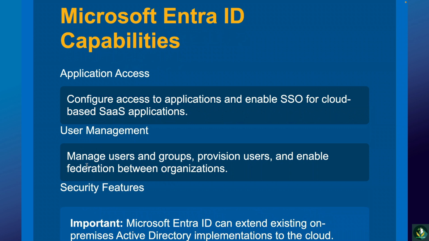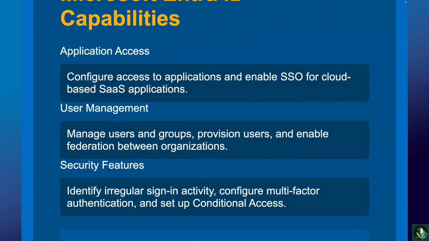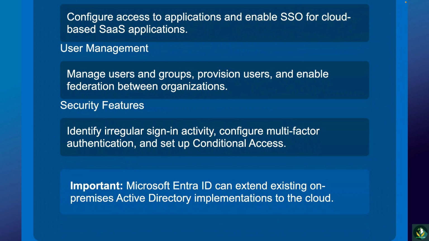And of course, enhanced security features. Entra ID incorporates advanced security features, including multi-factor authentication, identity protection, and self-service password reset option. Of course, there is integration with on-premises systems.